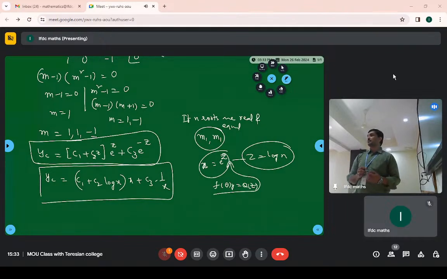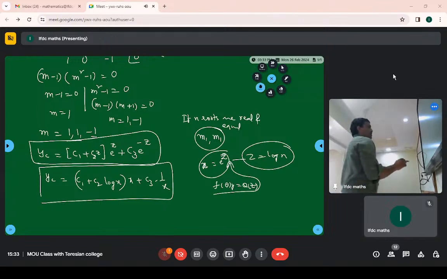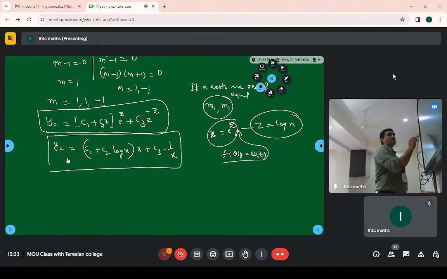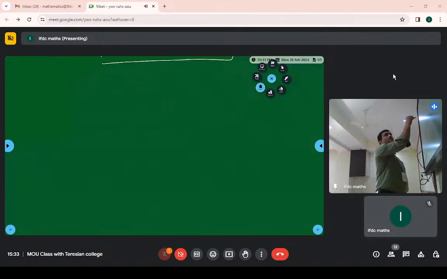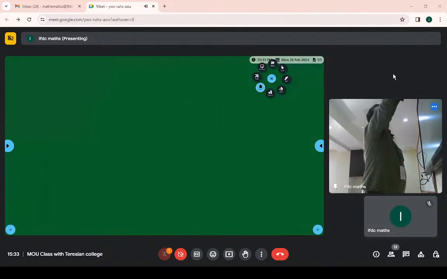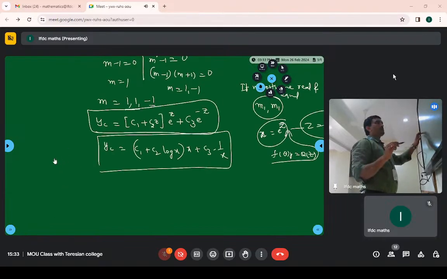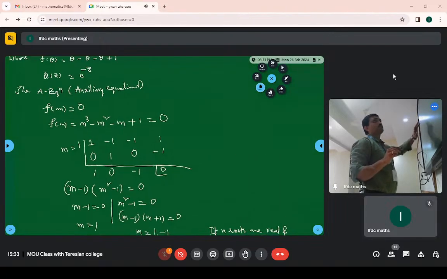This is only one part of the solution, YC, but still we need to find the particular integral of this problem. We got the YC answer, so I would like to move into the YP answer.